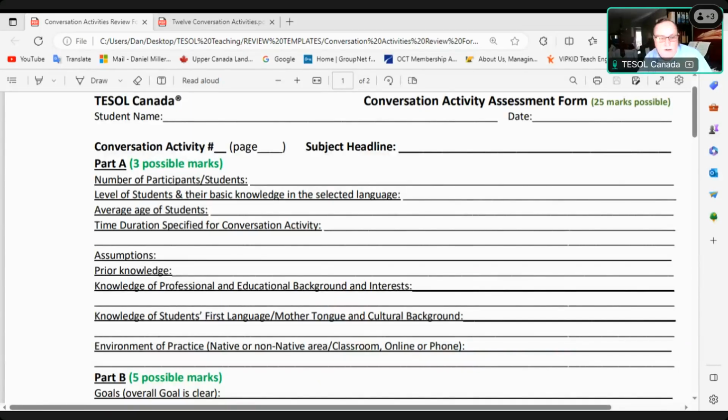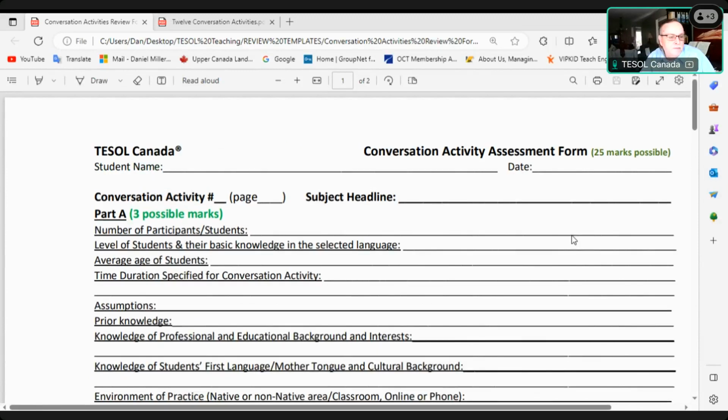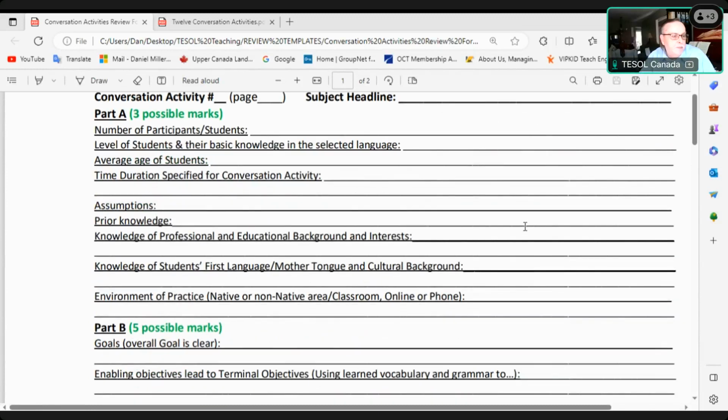And I think I just figured out how to show you the PDF of my conversation activity assessment. Can you see it now? Yes, we can. Very good. I finally figured that out. So you can see I've got all the different headings that are on the Canvas platform. So I'll still email this to you if you want me to. Send me an email, request it.